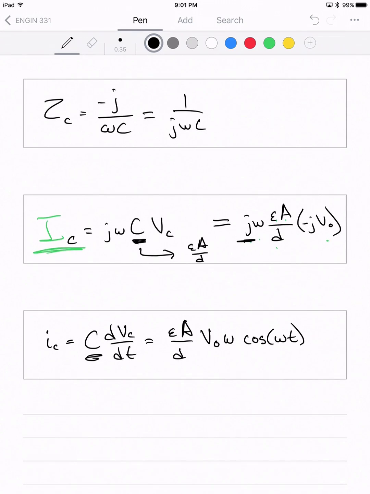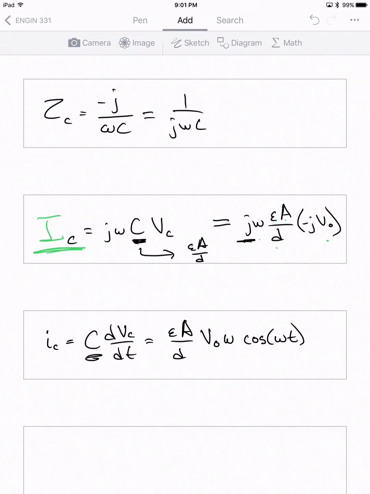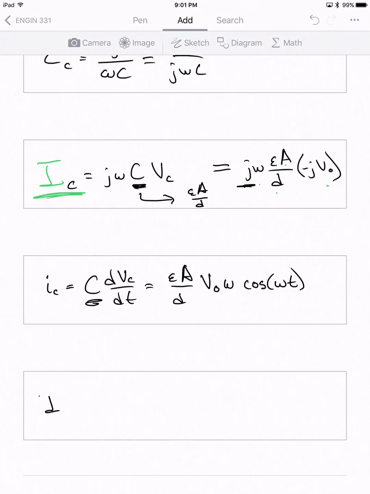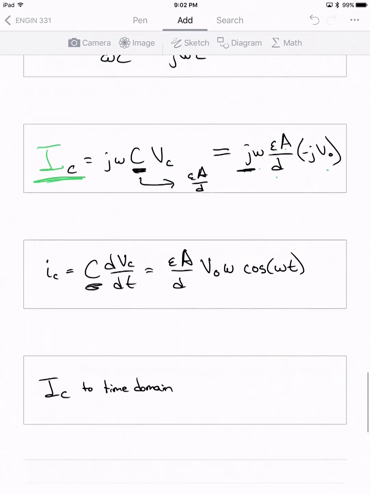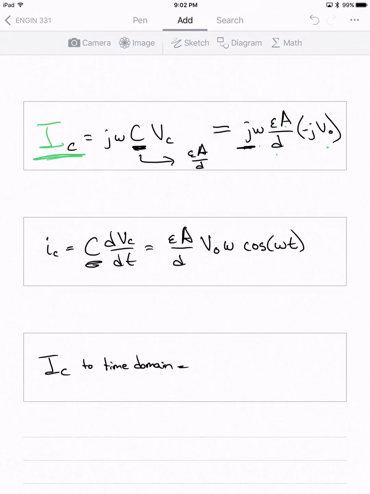So if I convert I_C to the time domain, what I'm going to do is take the real part of, and I'm going to get rid of those two j's by multiplying them by each other. So I'm taking the real part of epsilon A over d omega V naught e to the j omega t.